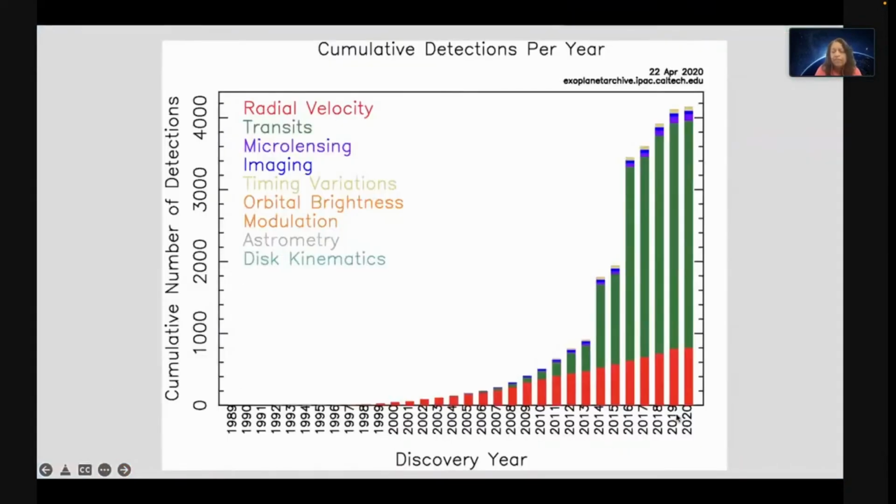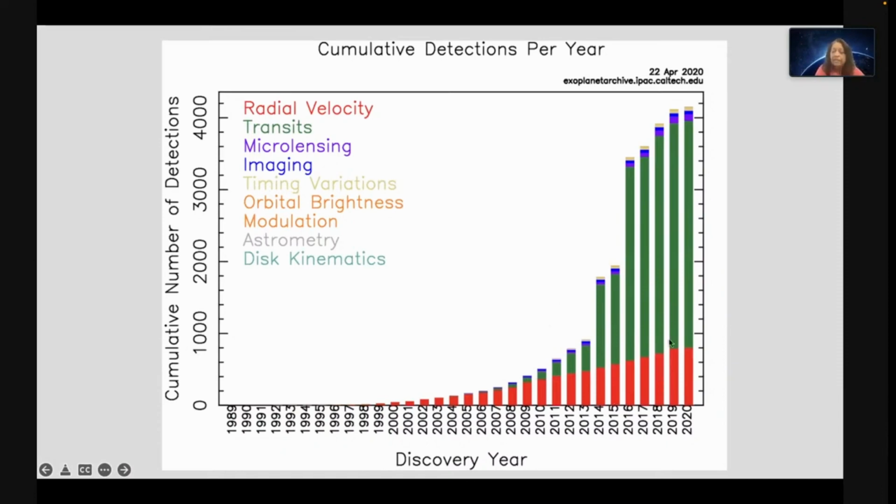Now, if you look at the distribution of techniques used till the year 2020, earlier it was essentially a lot of radial velocity, because that was the method that was available. And then by the time Kepler got launched, a space telescope looking for transits, you can see that the contribution from transits, with Kepler and then followed by TESS, is now larger compared to radial velocity.